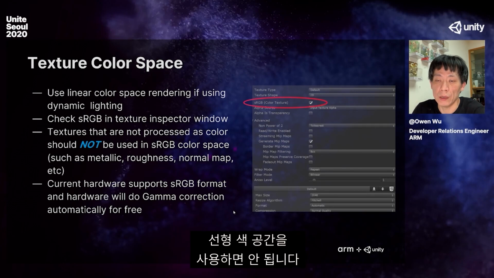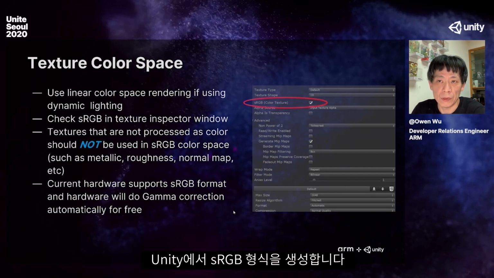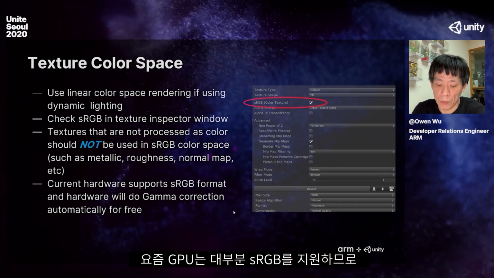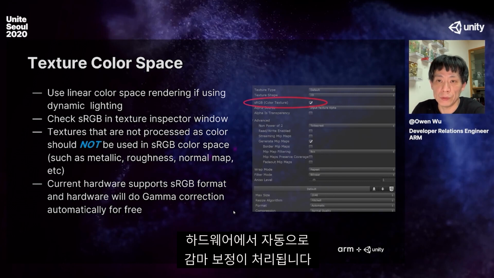So you should not use linear color space. And when you choose to use linear color space, then Unity will create an sRGB format. And most modern GPUs support sRGB, so the hardware can do the gamma correction automatically for free.